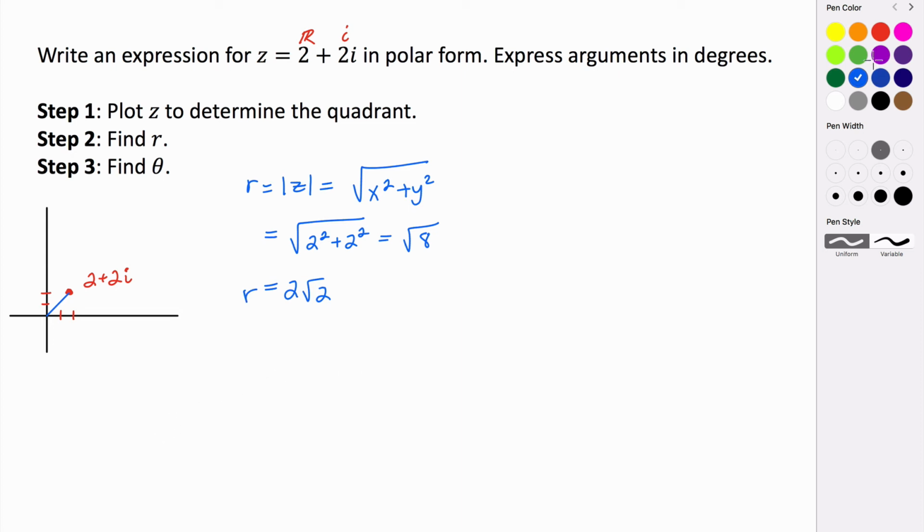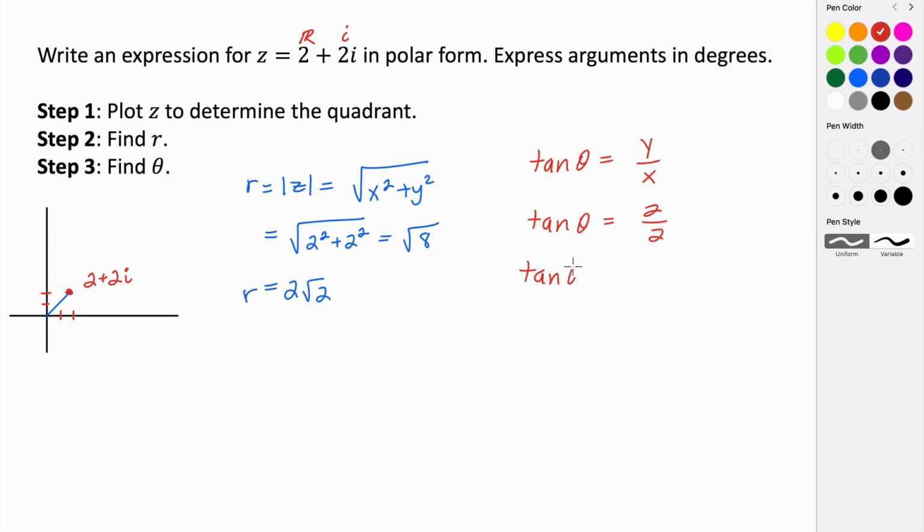If we were to construct a right triangle here, we would have... actually, we don't even need to do that. We can just say that we know that the tangent of theta is equal to y divided by x. So y is 2 and x is 2. So this gives us the tangent of theta equals 2 divided by 2.